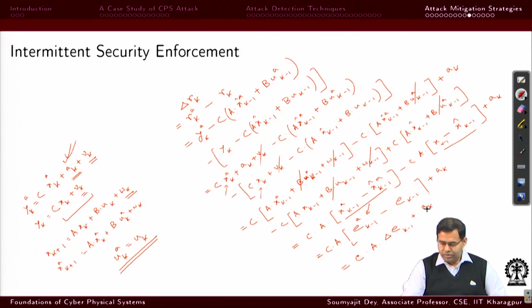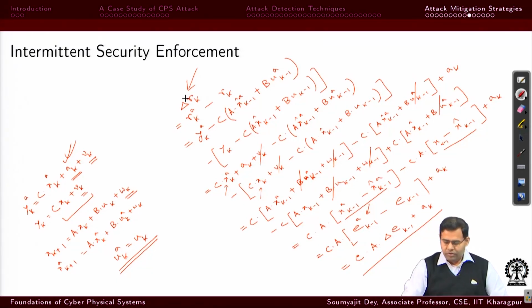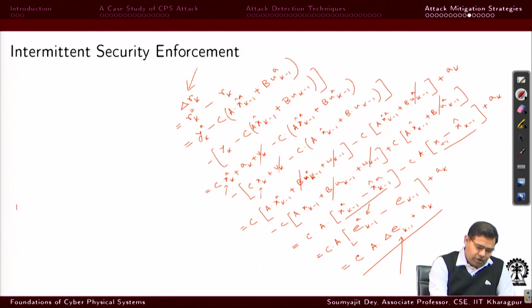So, you can see that here you have a nice looking expression which is relating the change in residue due to attack with the change in estimation error due to the attack, where this is the estimation error under no attack and under attack, right. If we go back to our previous expression that we have derived, it was this.